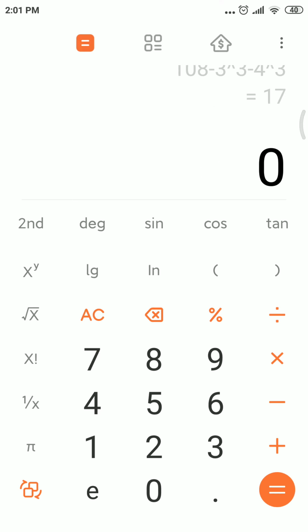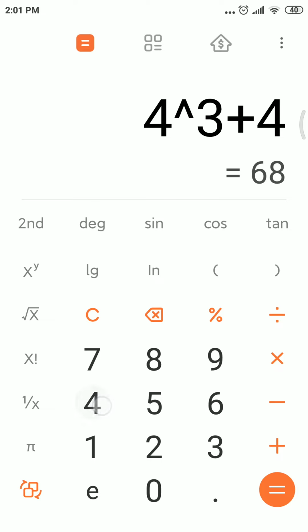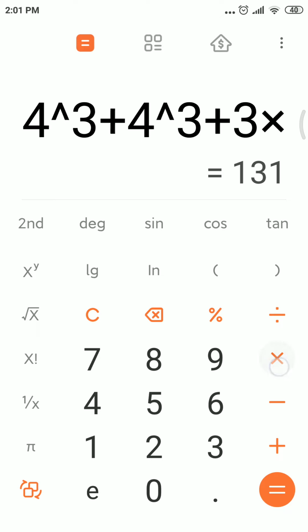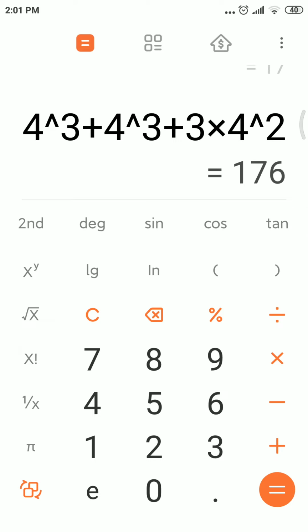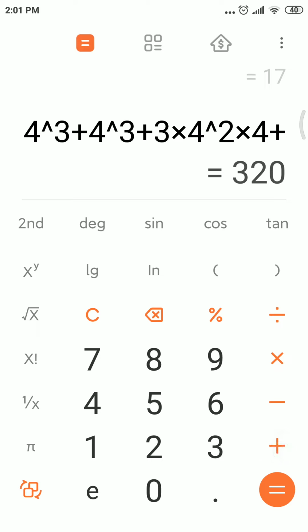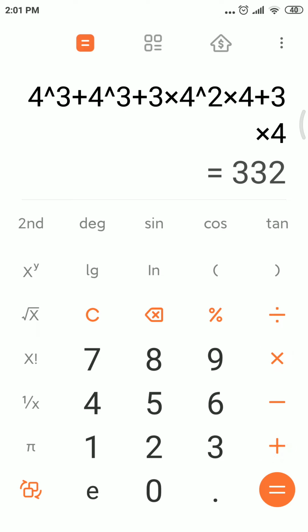Let us go with 4 cube plus 4 cube plus 3 into 4 square into 4 plus 3 into 4 into 4 square, that is 512.